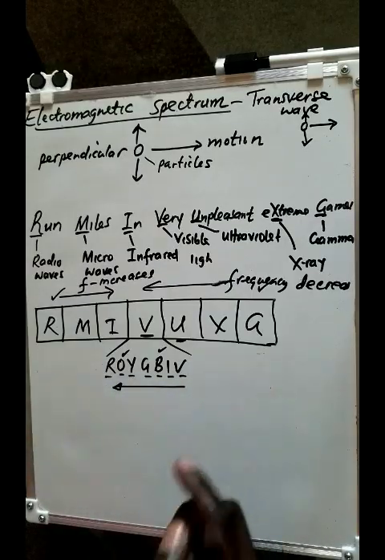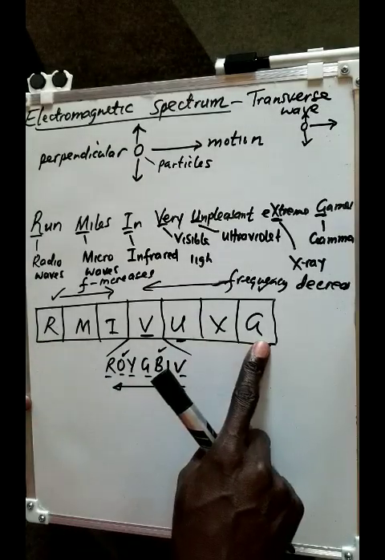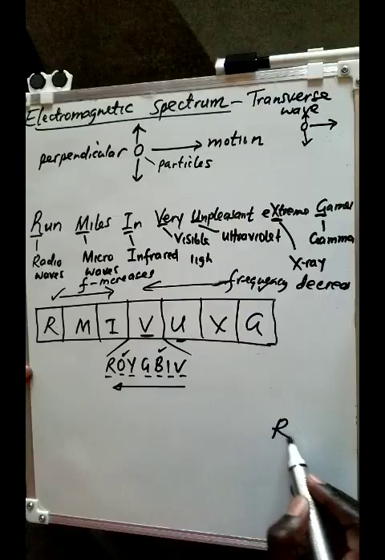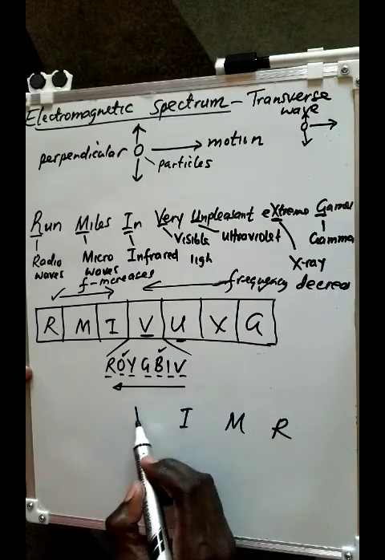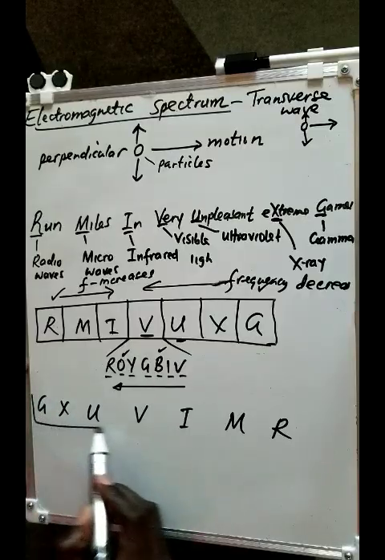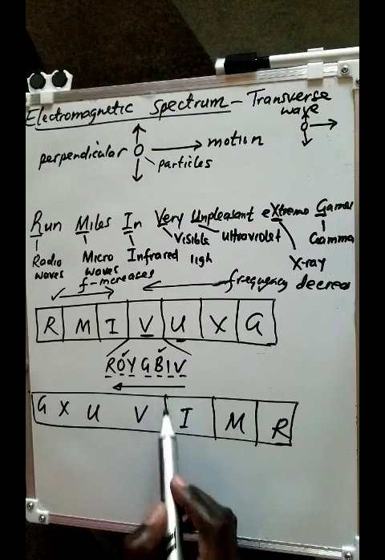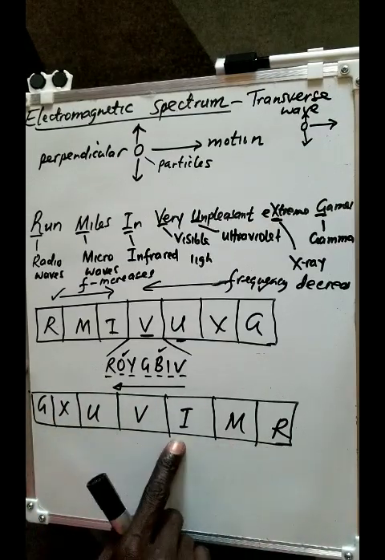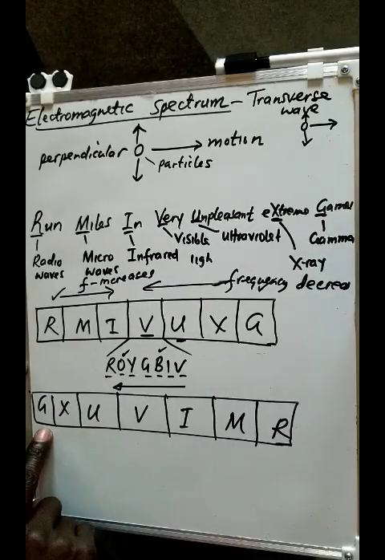Sometimes, instead of starting with radio waves going all the way to gamma rays, they can flip it, meaning that we can have the order reversed. So you can also have the electromagnetic spectrum in this manner: starting with radio waves, microwave, infrared, visible light, ultraviolet, x-rays, and gamma rays.